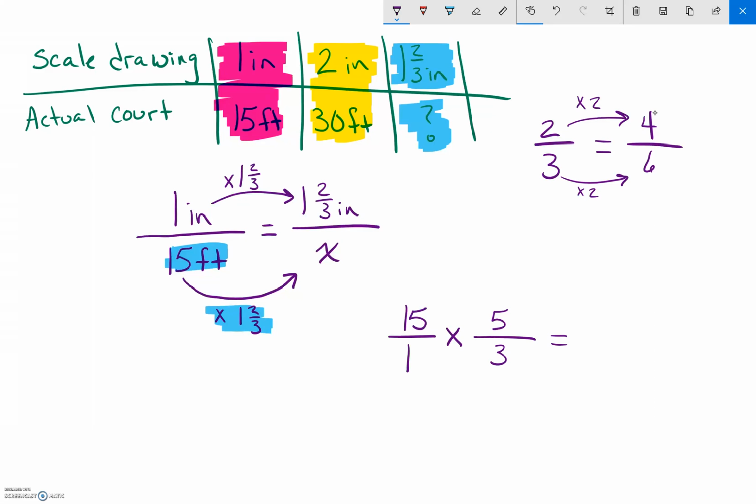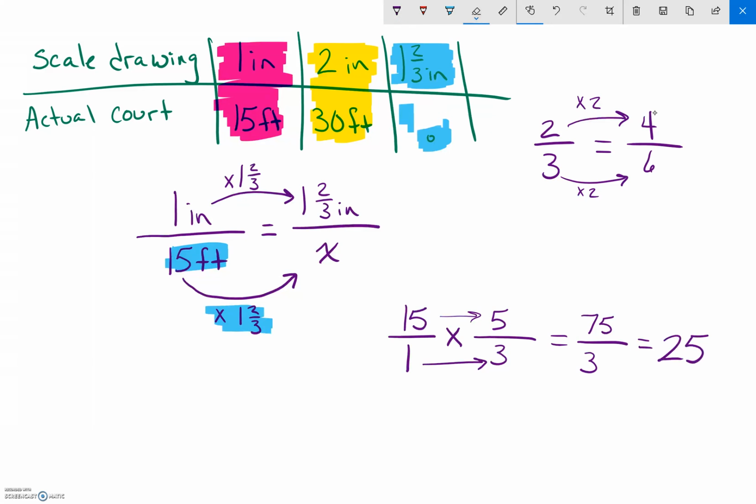You can cross simplify. You don't have to. If you don't, then 15 times 5 is 75. 1 times 3 is 3. 75 over 3, or 75 divided by 3, is 25.